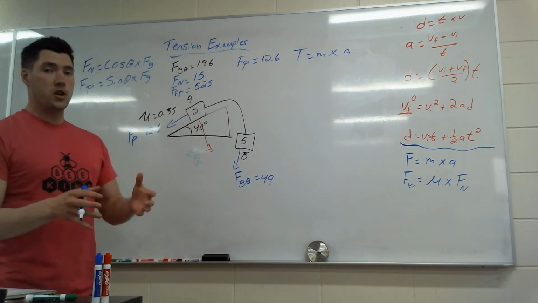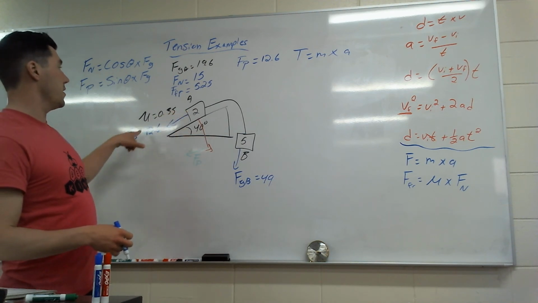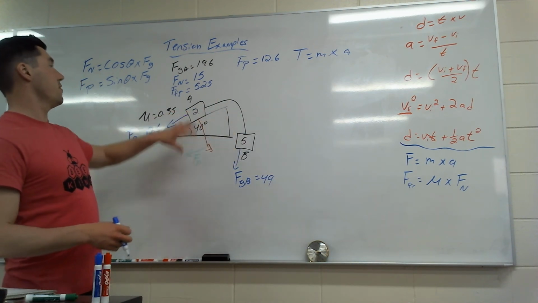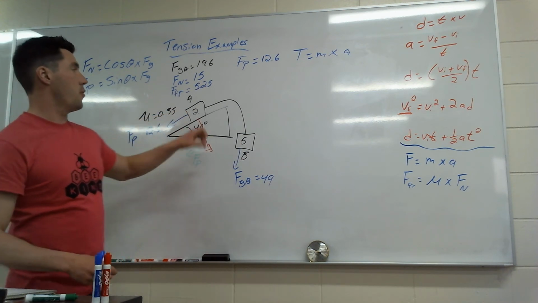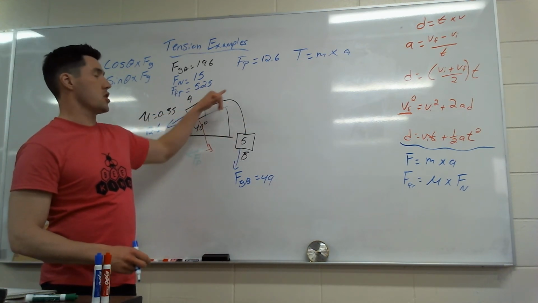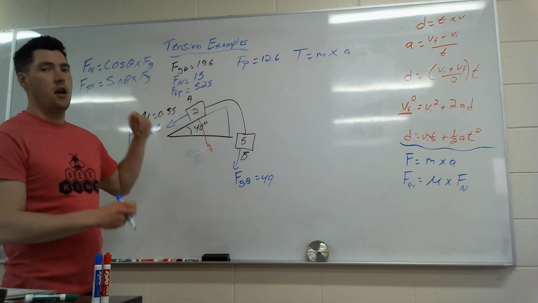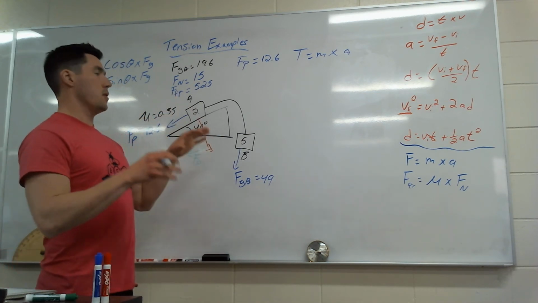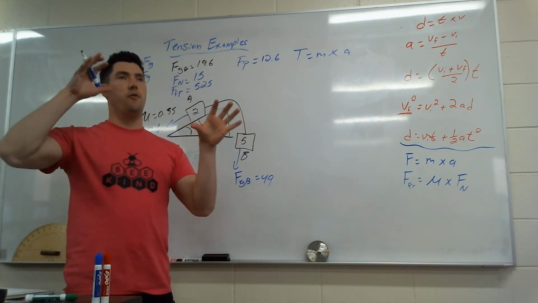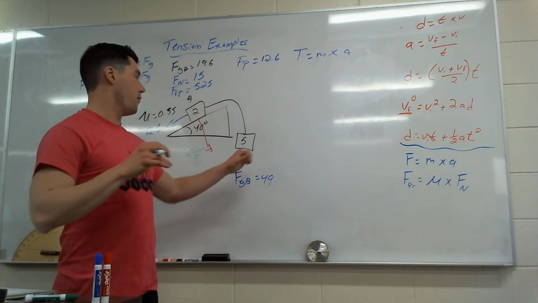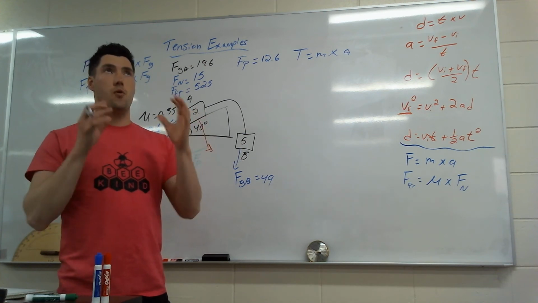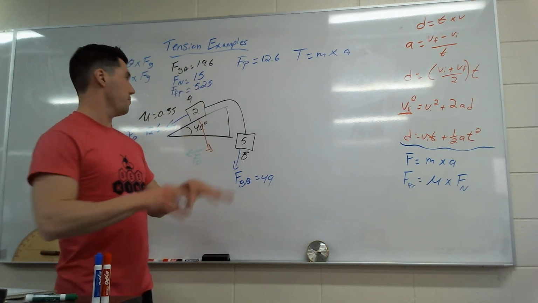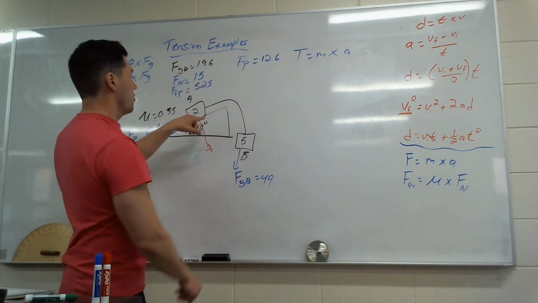There could be other questions where force parallel is bigger and this is going up, and then force friction would be in the other direction. Whichever is bigger, force parallel or force of gravity, force of friction goes in the opposite direction. So it wants to go this way, which means force friction is going this way.